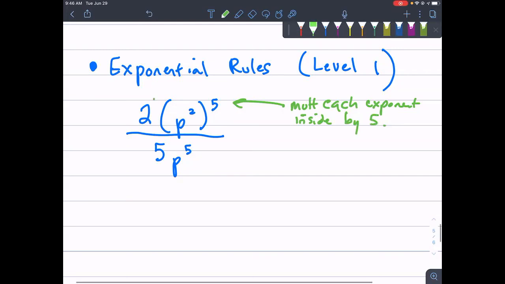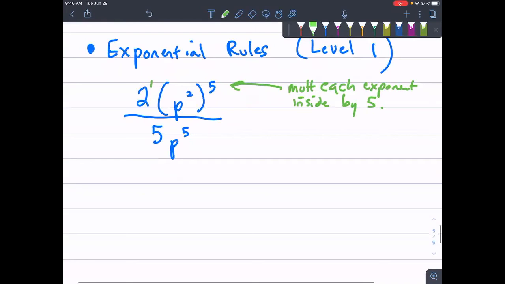So that means that this 1 that's on the 2, we're not going to multiply by 5, just the things that are inside the parentheses. So that 2 to the 1st is going to stay 2 to the 1st. But this is going to be p to the 10th now. And then on bottom, we've got 5p to the 5th.